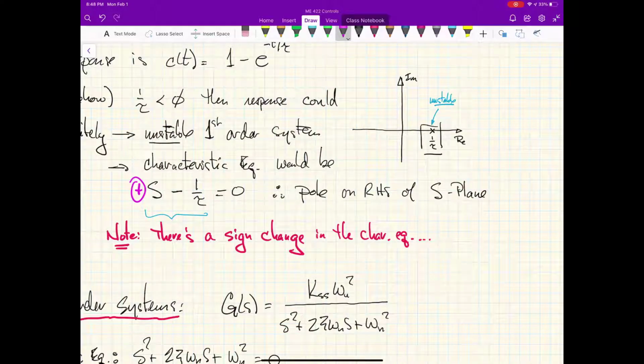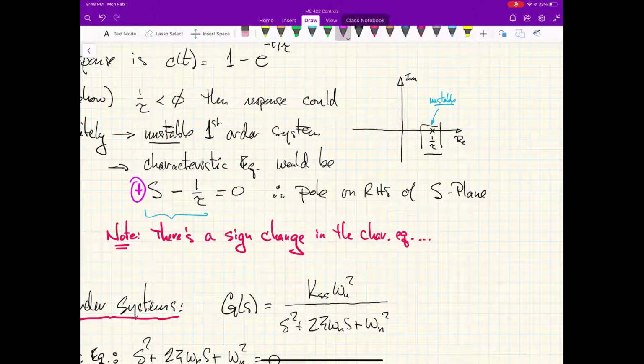The first coefficient is a +1, and the second coefficient is minus 1 over tau. So we went from plus to minus, and that sign change, on a first and second order system or on any system actually, is an indication that the system will in fact be unstable.